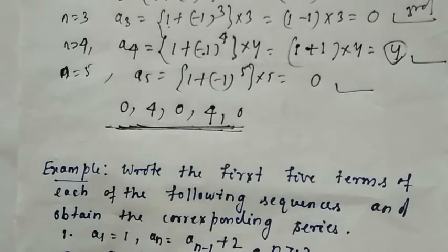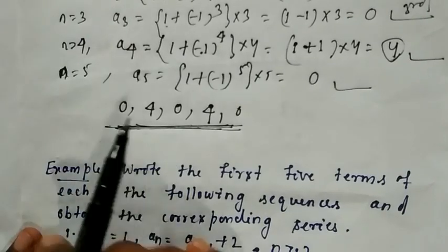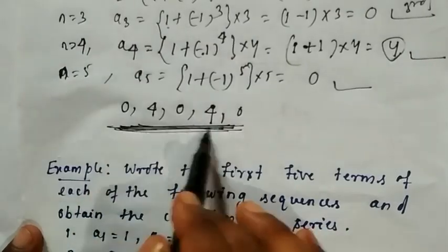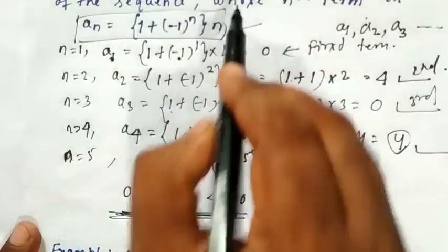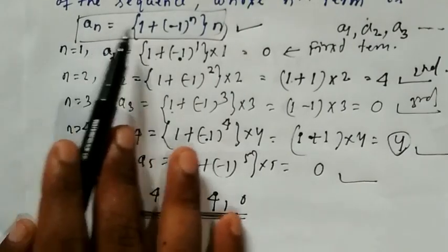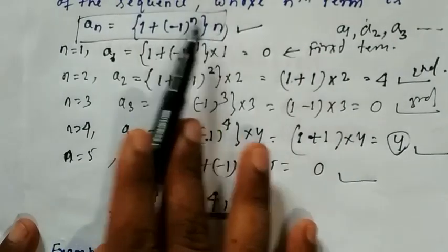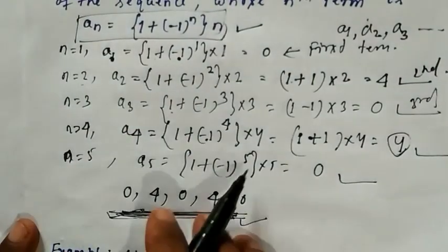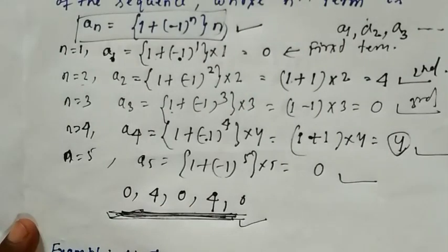So here, is there a particular mathematical expression for this sequence? Yes, this is the mathematical expression. For n equal to 1, we are getting 0. For n equal to 2, we are getting 4. Yes, this can be a progression.